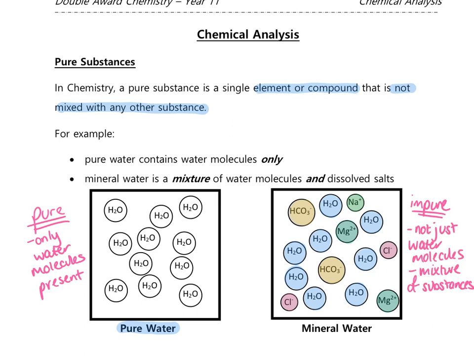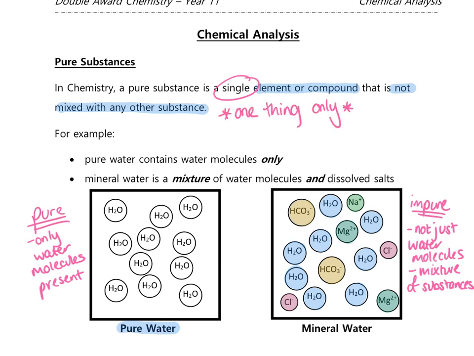So in determining whether a substance is pure or impure, in terms of a molecule diagram or an atomic diagram, what you're looking for is something that contains one thing only. So going back to this definition, a pure substance is a single element or compound that is not mixed with any other substance. So it's one thing only.